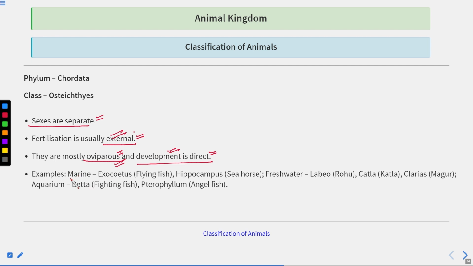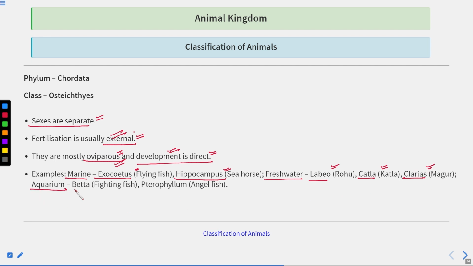If we talk about some of the marine fishes, then Exocoetus, that is flying fish, and Hippocampus, that is seahorse. These are the two marine fishes. Now, if we talk about the freshwater fishes, then Labeo, commonly known as rohu, Catla, that is known as katla, and Clarias, that is known as magur.